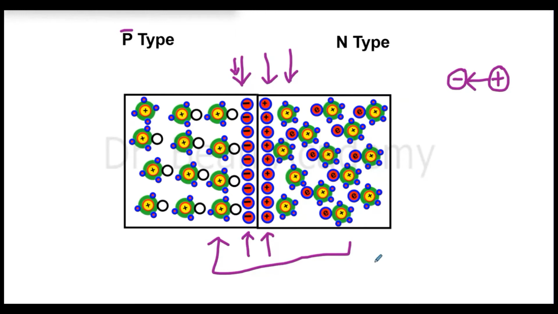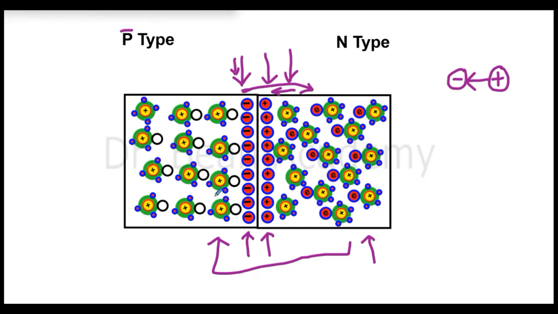So as a result, the remaining negative charges on the n-type, behind this setup of charges, will start slowing down. The diffusion of these charges will slow down because of this field, because now there are negative charges here, and these negative charges will not allow the leftover negative charges to come to the p-type.